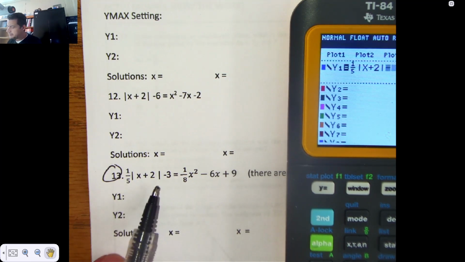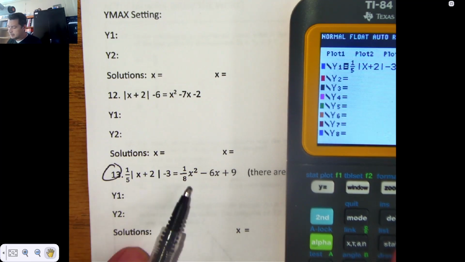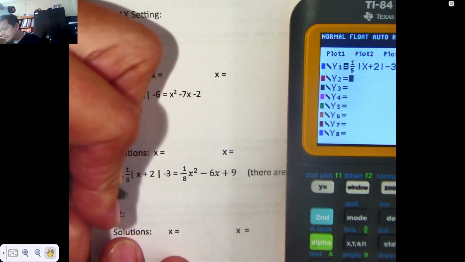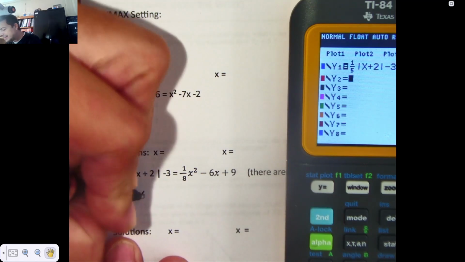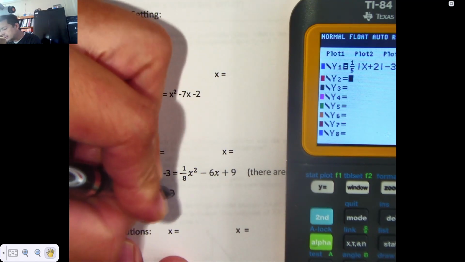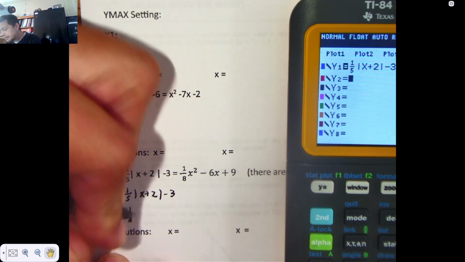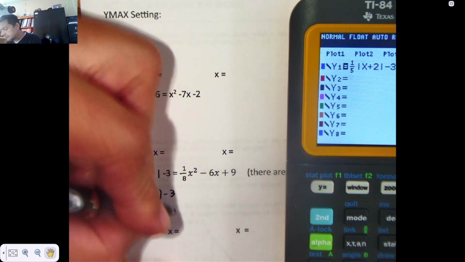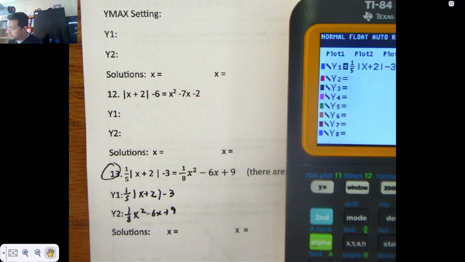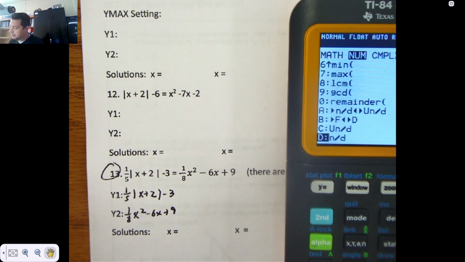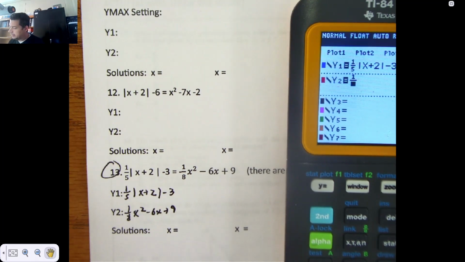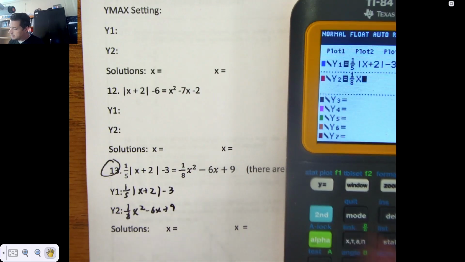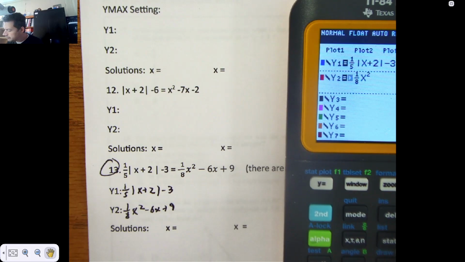Then we have a -3. I'm putting the left-hand side into y1, and I'll put the right-hand side into y2. So anyways, Math, NUM, n/d, 1/8. That is x to the second. Oh, and there was a negative symbol there. Let me insert that.